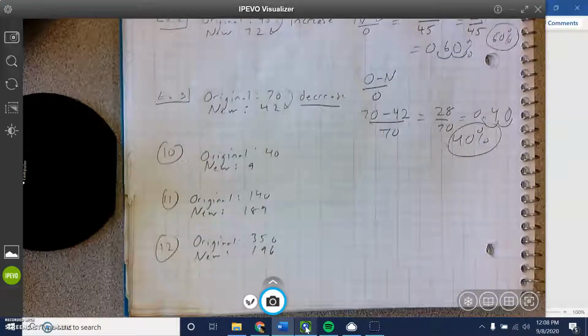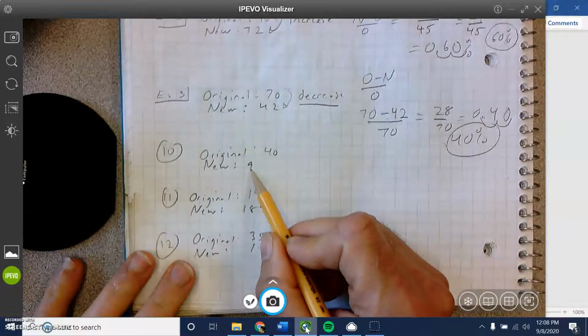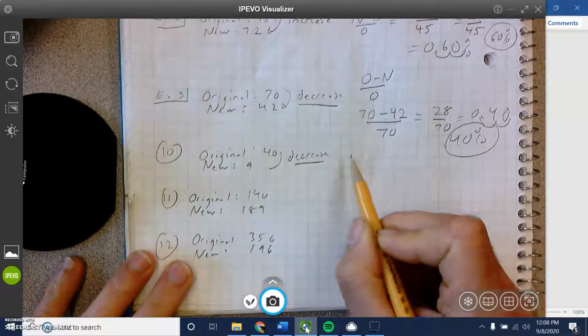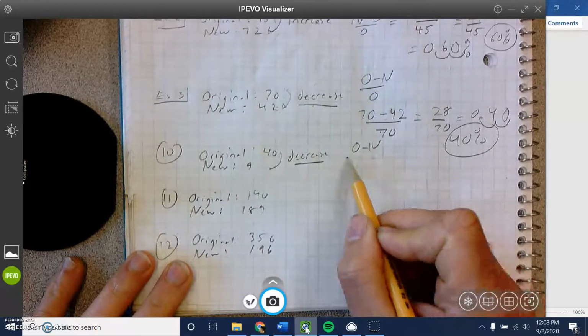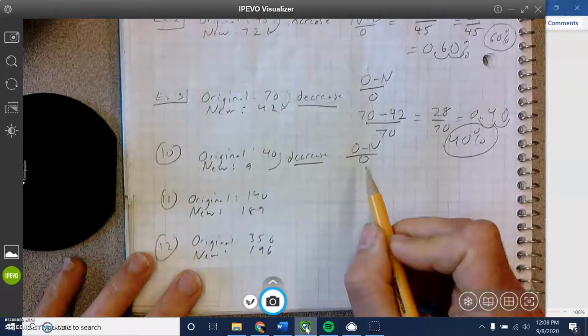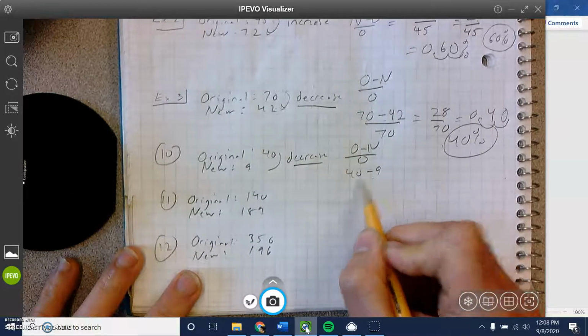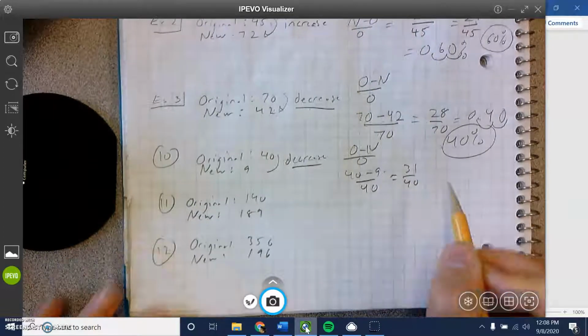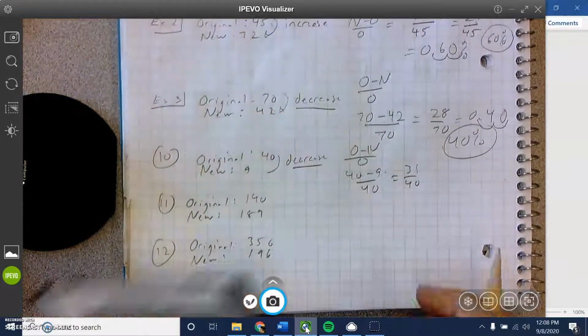All right, let's see what we got. So I'm going to go a little fast this time. So original to new, this is a decrease. That's what you should have written because you always identify when it's an increase or decrease. Old minus new over old. So it's 40 minus 9 over 40. So it's 31 over 40. 31 divided by 40.